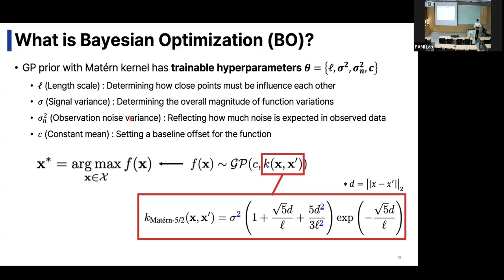The observation noise variance is a measure of how much noise we can expect to be added to the data. And the constant mean determines the baseline offset of the data. These hyperparameters are updated dynamically as new data becomes available, allowing the model to better adapt and refine its predictions over time.